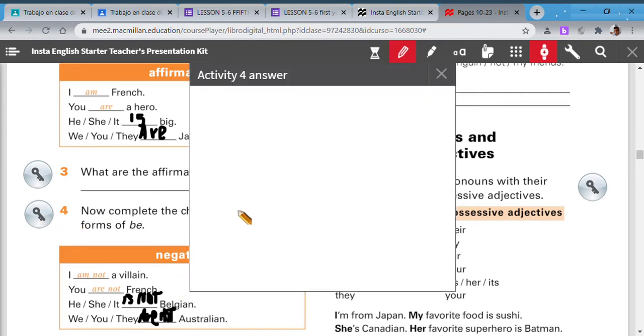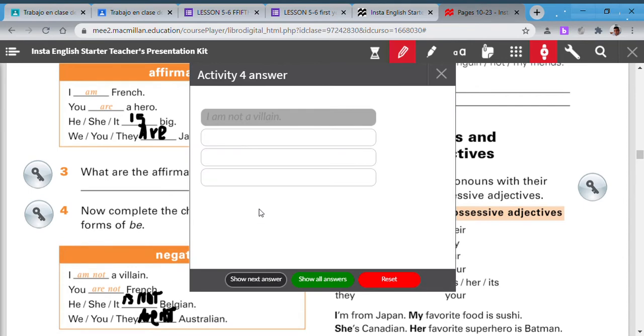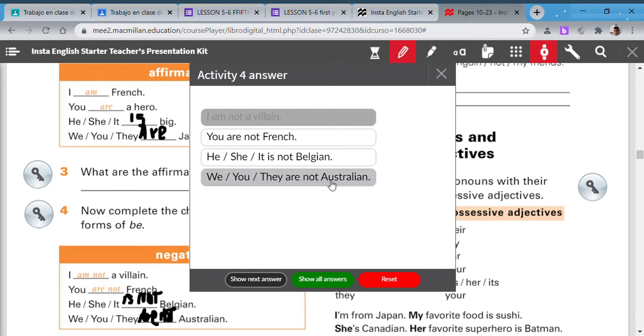Let's check the answers. In the first one, I am not a Belgian. In the second part, you are not French. Next, he, she, it is not Belgian. We, you and they are not Australian. This is the way you need to practice.